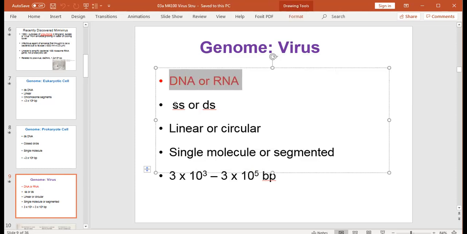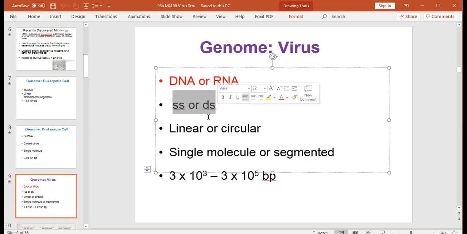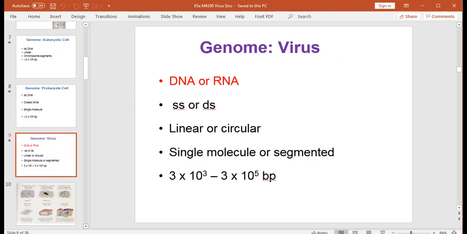It can be single-stranded or double-stranded. It can be linear or circular. And lastly, the genome can be a single molecule or a segmented molecule. So we will describe all of these when we talk about various viruses.